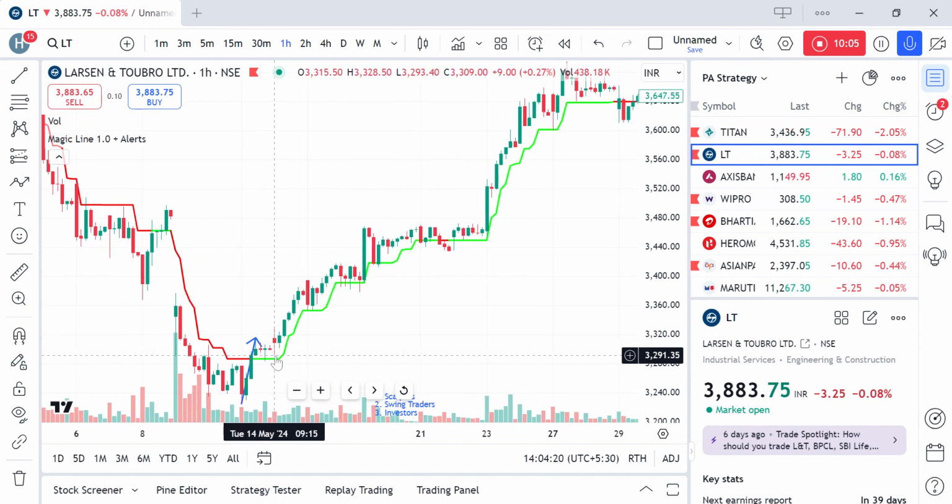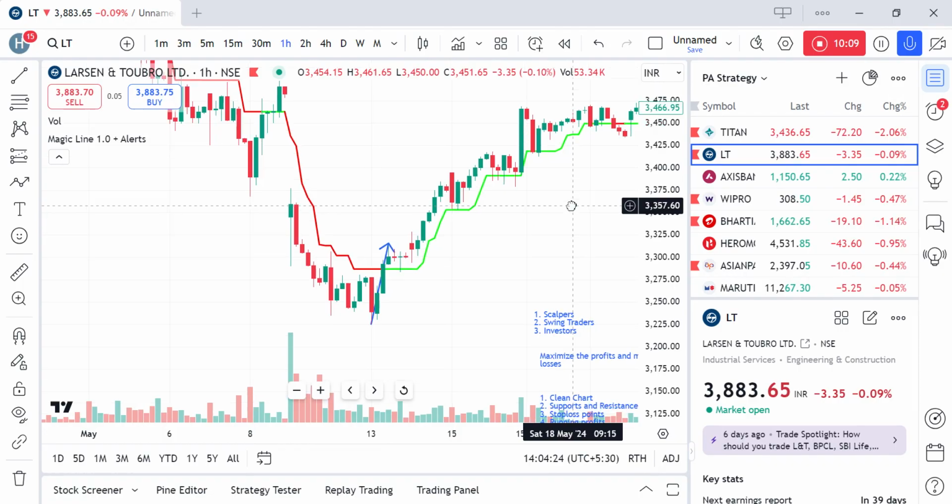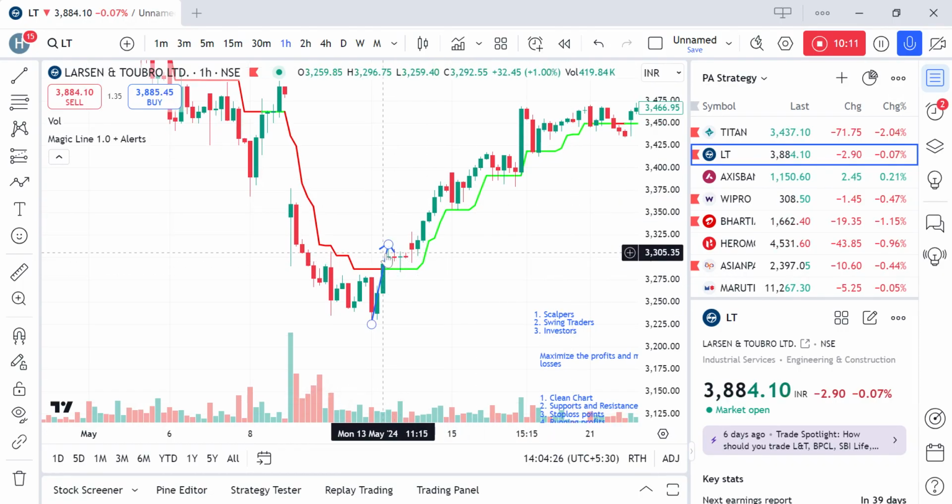I will zoom in on this. When this candle touched the magic line, we can see that there was good buying, and the close price was above this line.